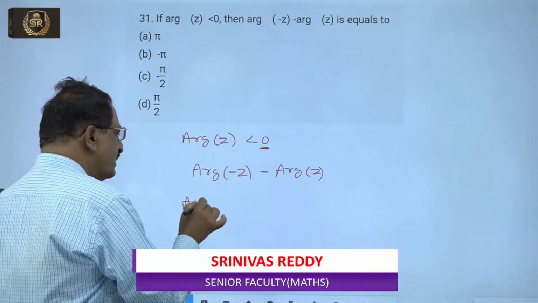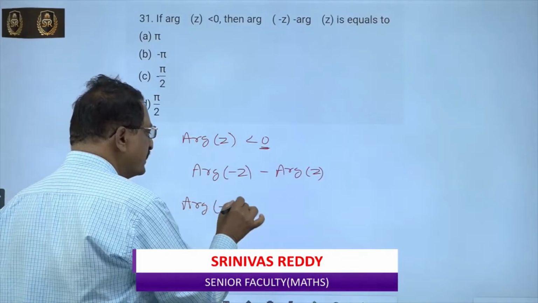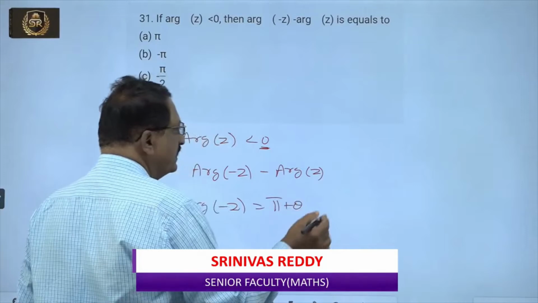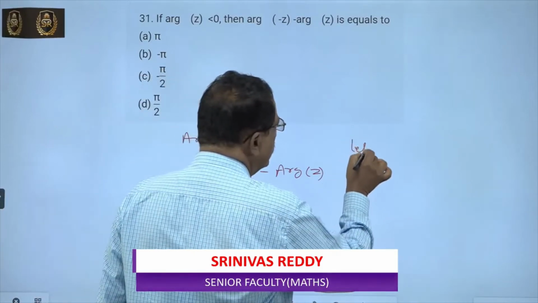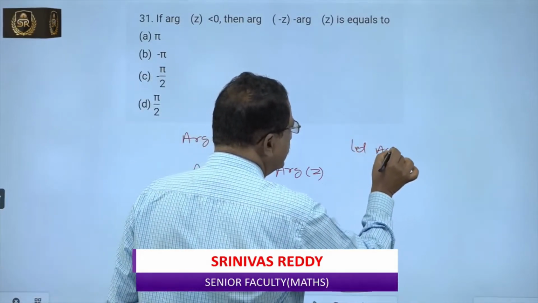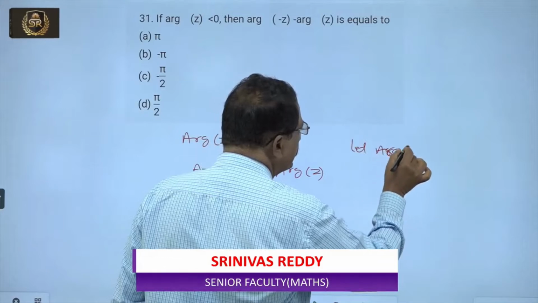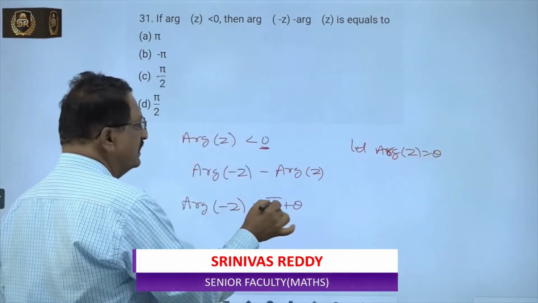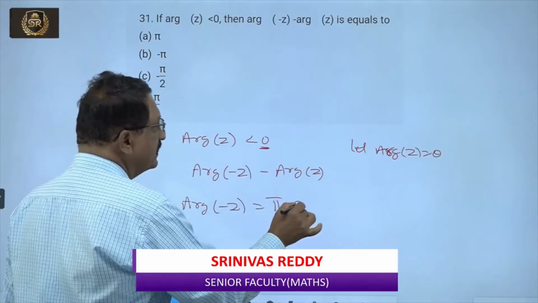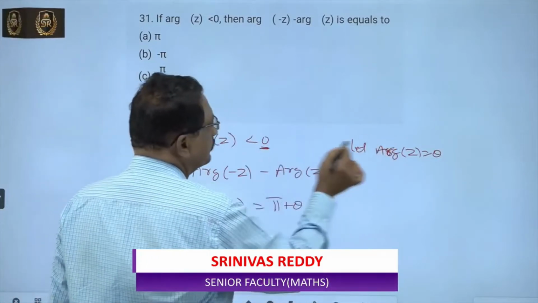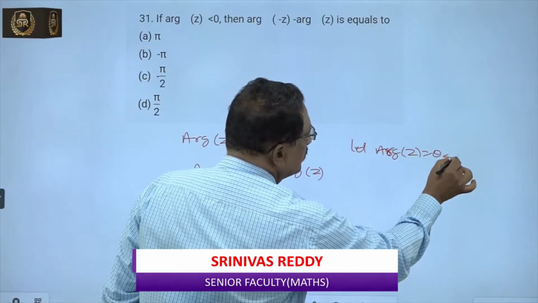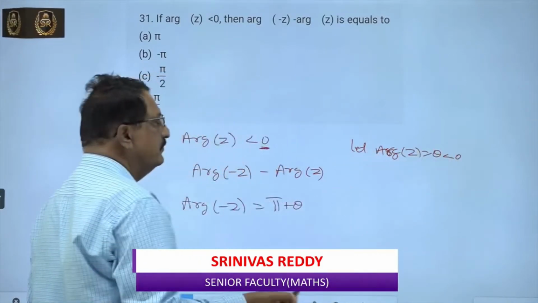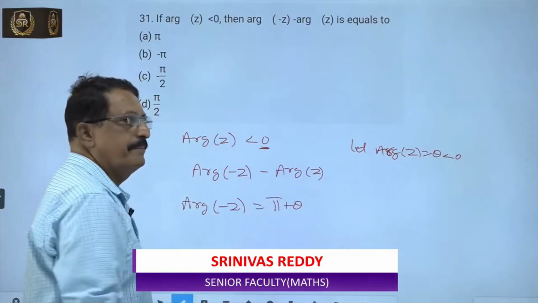First, argument of minus z equals pi plus theta, where let argument of z equal theta. Now, argument of minus z equals pi plus theta, because here theta is less than 0 as given. If argument of z is theta and it is positive, then it would be pi minus theta.